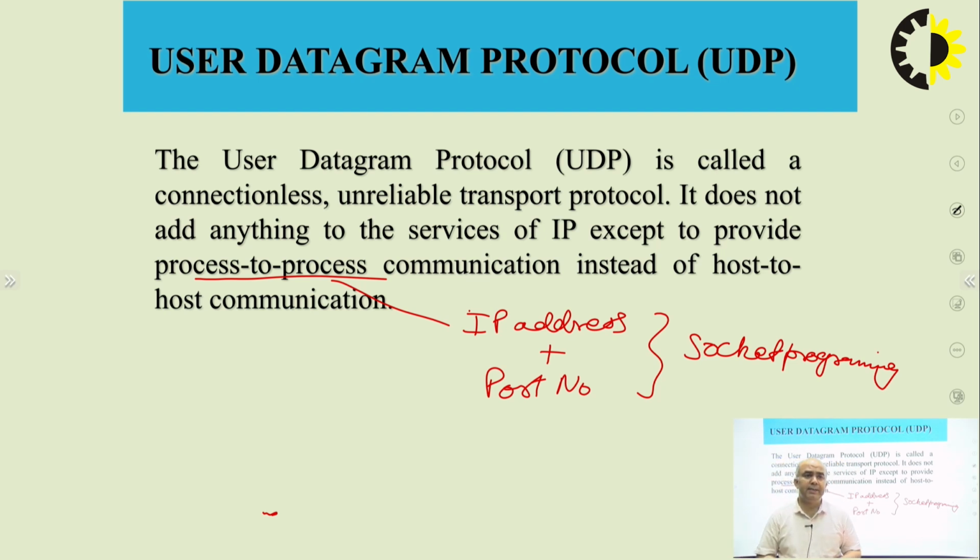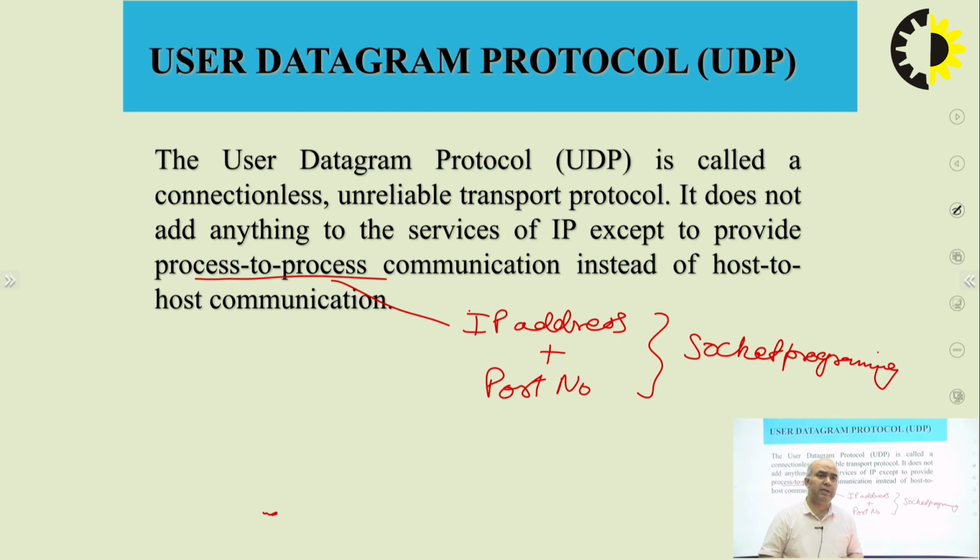So, UDP is a connectionless and unreliable transport protocol, where the sender sends the data and does not bother about whether the data is received by the receiver or not. They send the data and leave it there.